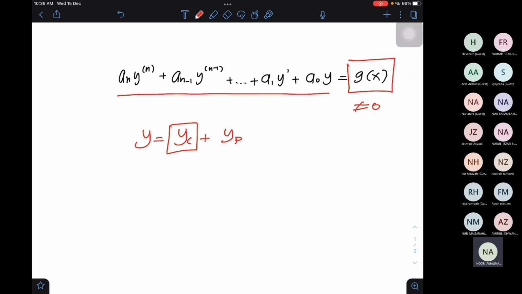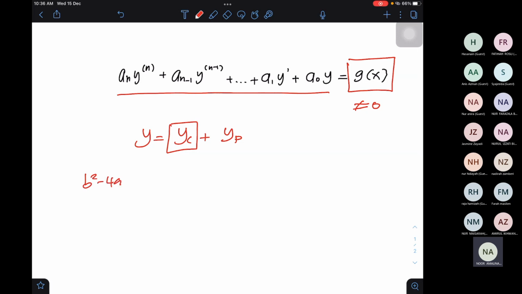Okay, if you want to check the discriminant value b square minus 4ac, you can check, and dia ada 3 condition. If your discriminant value is equal to 0 means that you will get the same value of lambda. Okay, because the number of roots that you have depends on the order of your differential equation.